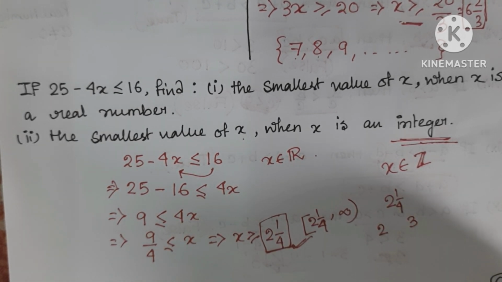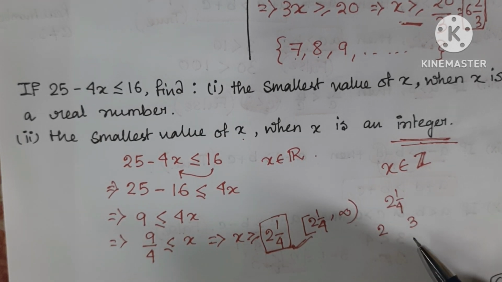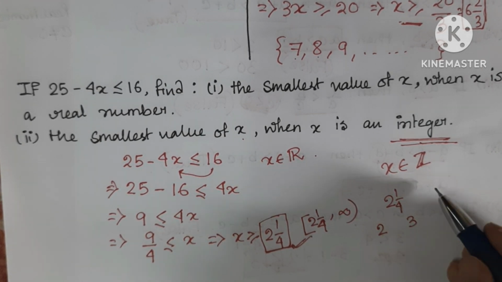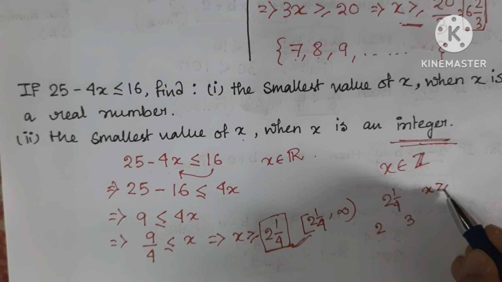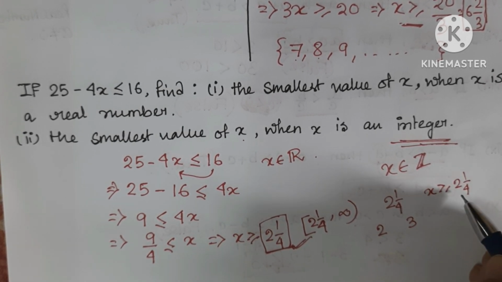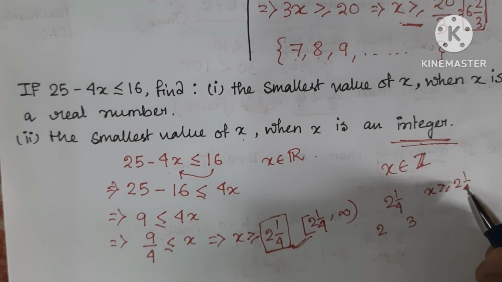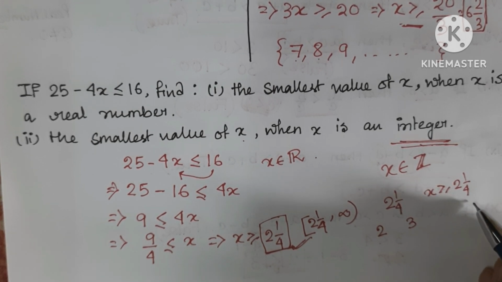See, what will be the smallest value? 2 or 3? See minutely. Here it is given x is greater than or equal to 2 and 1 by 4. That means the value of x is greater than or equal to 2 and 1 by 4.